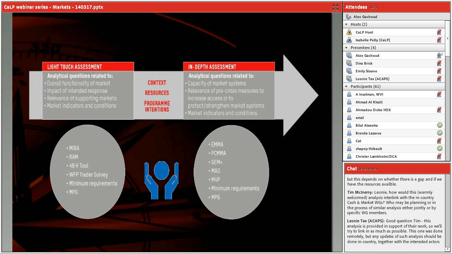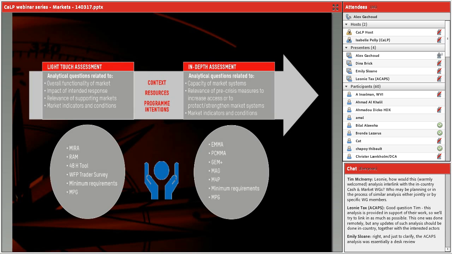and this is linked to the disaster cycle. So do we want to carry out a light touch assessment? Or you can also use the term quick market analysis. This is pretty much right after the shock or in the first days, early hours of the emergency. It's a question of understanding broadly how markets have been affected.